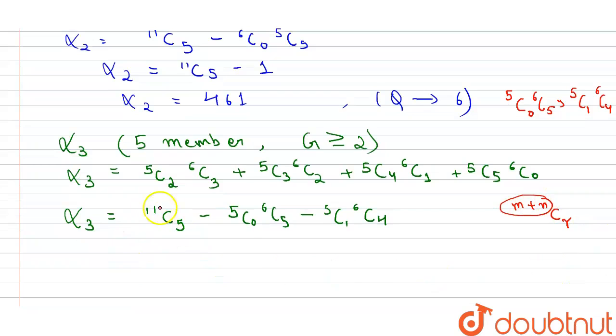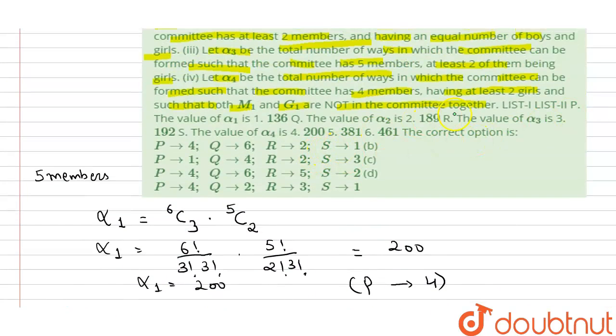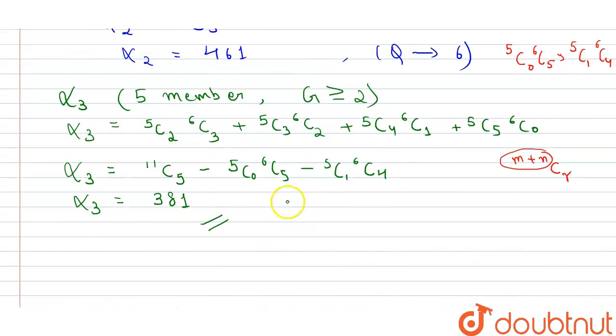That's why we have written 11C5. Now the value of alpha 3 equals 381 when you solve it. So let us see the option. For alpha 3, 381 means 5th, so you can see R5.